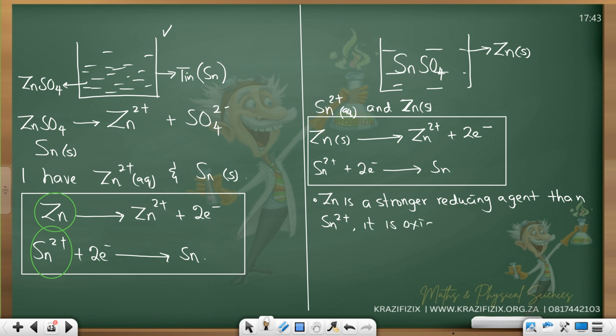It is oxidized to zinc 2 plus. There will be holes in the container, and it is unsafe.